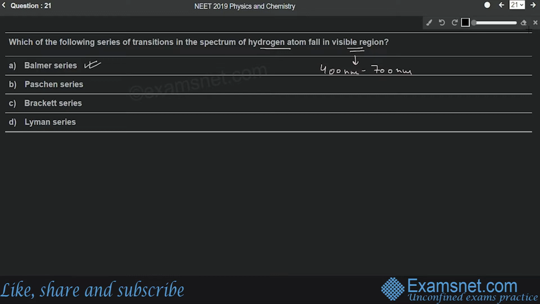Therefore option A will be the correct answer. Okay, it falls in the visible region. Now if we talk about other options, then Paschen series and Brackett series both fall in the infrared region, whereas the Lyman series, the last one, belongs to the ultraviolet, that is UV region.